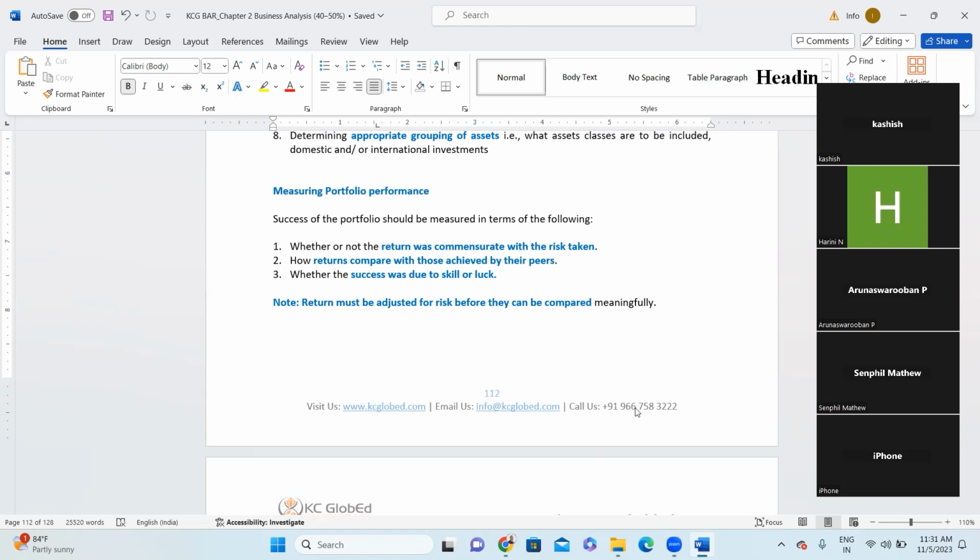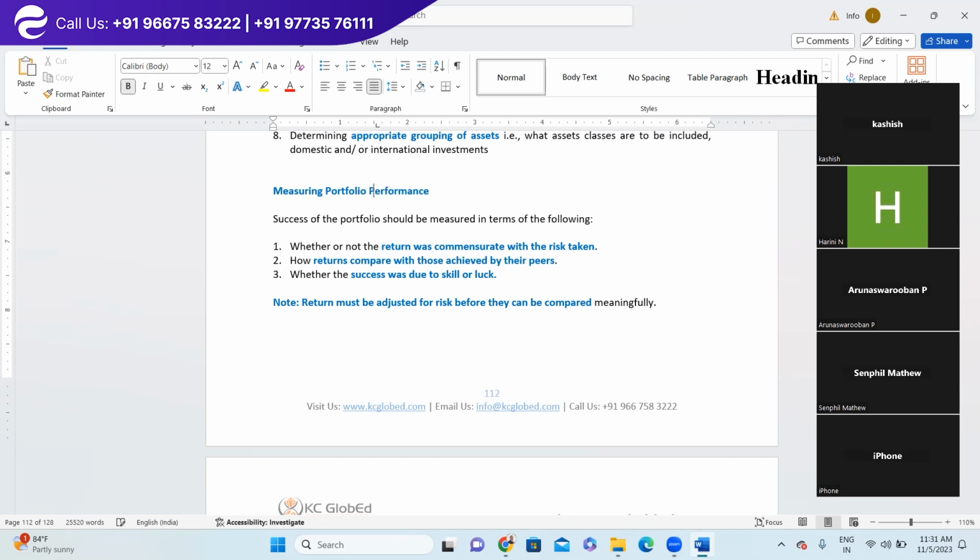So you need to compare from one investment to another, because the risk category for various types of assets may be different, right? So far so good, measuring portfolio performance. Shall I move on to the next page?